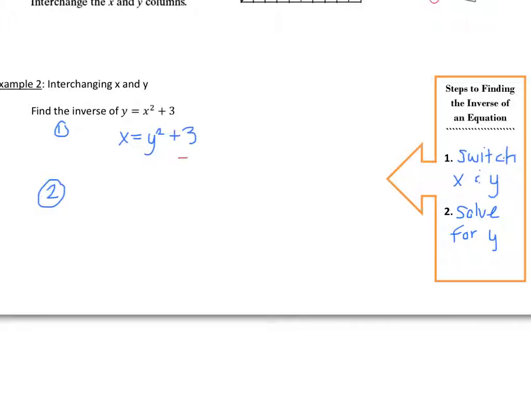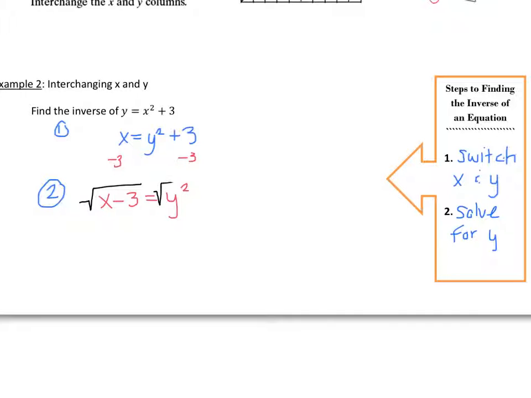So I'm going to subtract 3 to the other side. So x minus 3 equals y squared. Okay, and how do I get rid of that squared? Square root. Yes. To get rid of a squared, you take the square root.